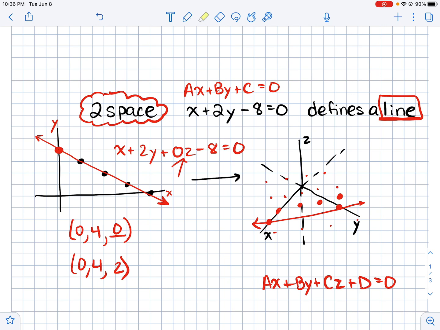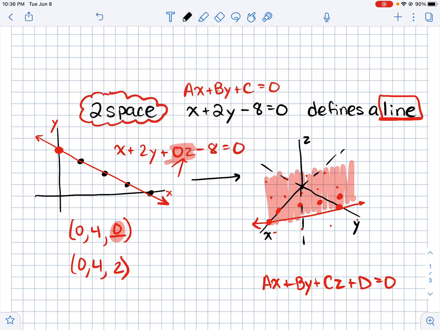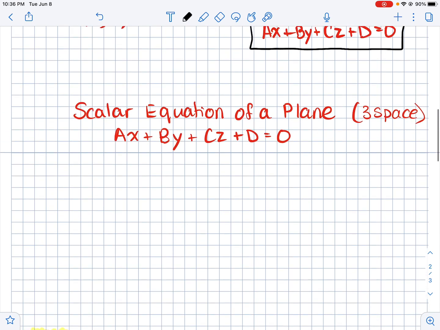Essentially, you're creating the equation of a plane when you add this extra term for z. So there's no scalar equation of a line in 3 space because it becomes your scalar equation of a plane in 3 space.